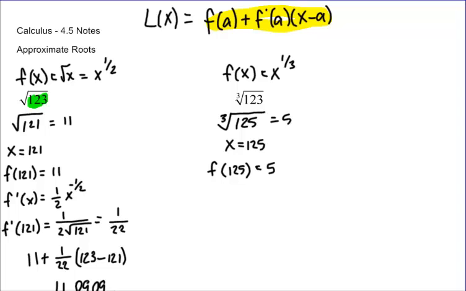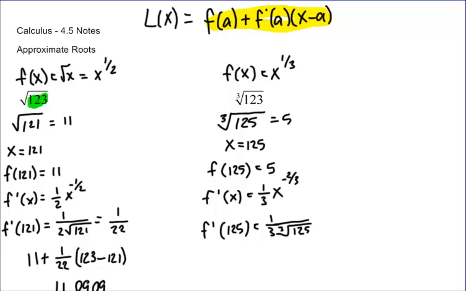We need the derivative of this, which is 1/3 x to the negative 2/3. And then we need the derivative evaluated at 125, which is going to be 1 over 3 times the cube root of 125 squared, which is going to be 1 over 75. So there's those guys. And then we just apply our rule of linearization to this.